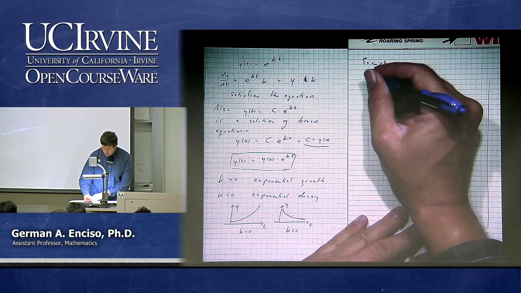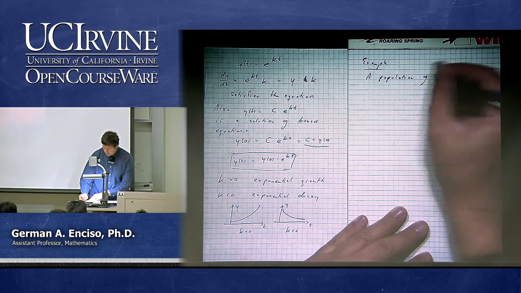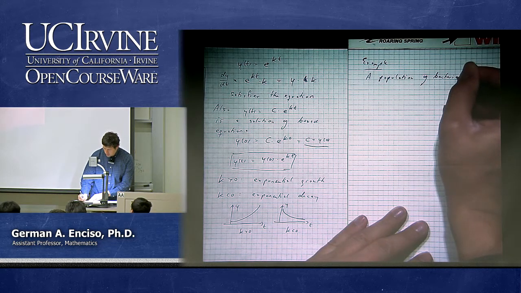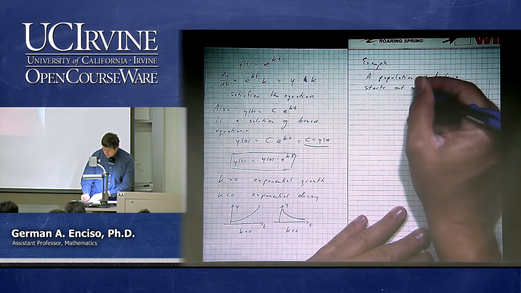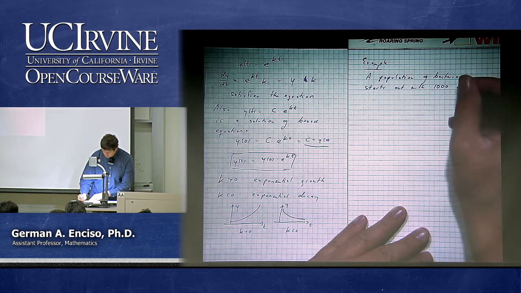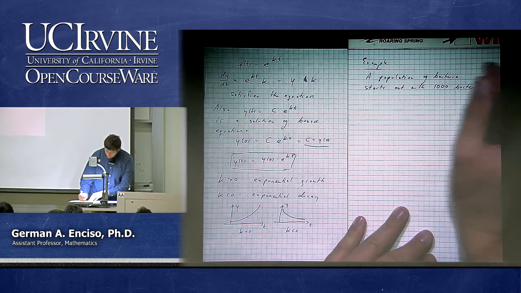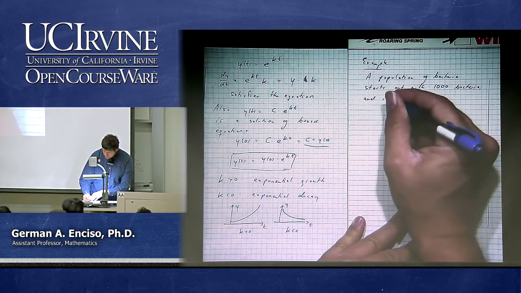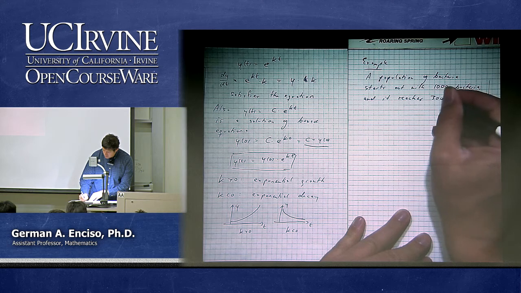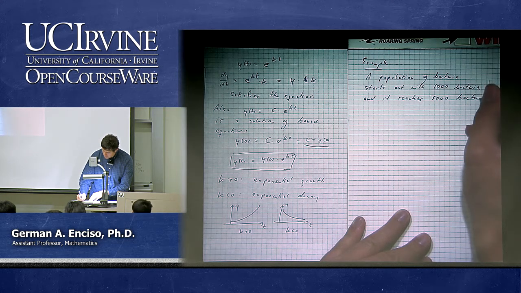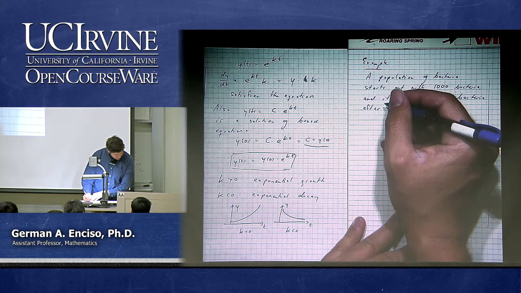So a bacterial population of bacteria starts out with 1,000 bacteria, and it reaches 3,000 bacteria after 10 minutes.